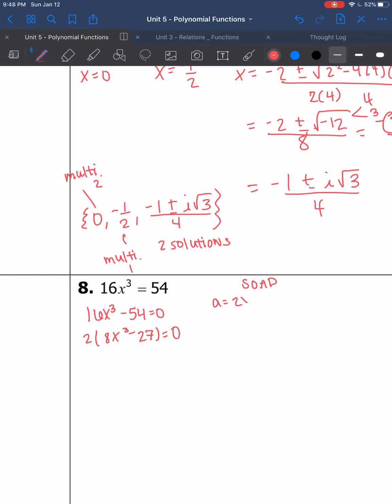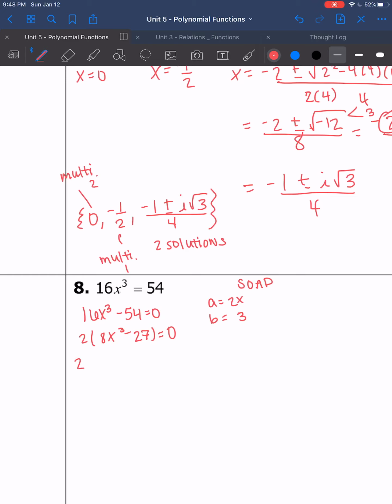A is 2x, and b this time is 3. So I have a 2 on the outside, and then I get 2x minus 3 times 4x squared plus 6x plus 9 equals 0. 2 never equals 0, so it doesn't work.